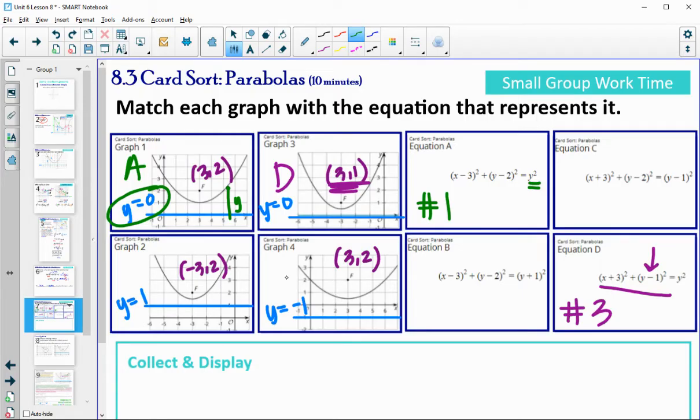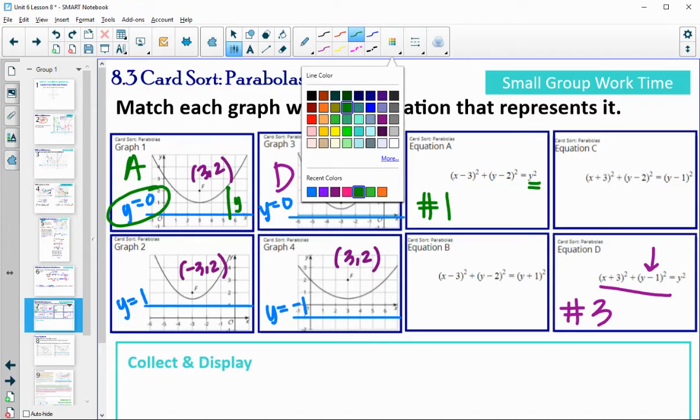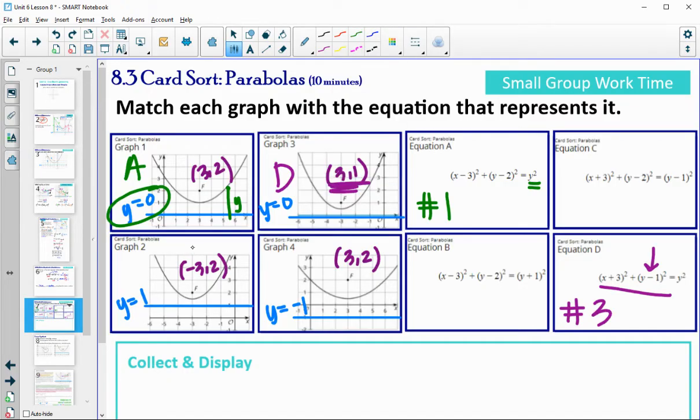So then a couple options here to figure out graph number 2 and 4. You've got a different directrix, right? So the x coordinate here is negative 3 versus here is 3. Remember, we do x minus the directrix coordinate, whatever letter we want to call that.